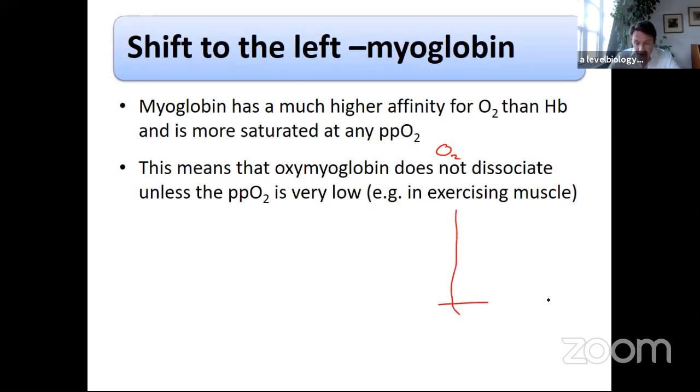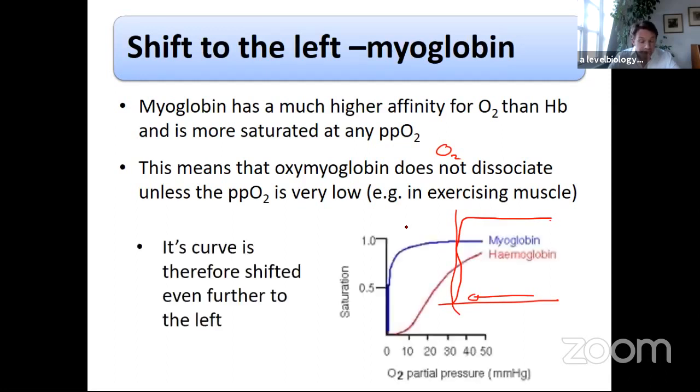The dissociation curve for myoglobin is like this. So it doesn't dissociate unless the oxygen partial pressure gets very, very low, like it would do in exercising muscles. Myoglobin doesn't go around in your blood, it stays in your muscles. It's a store of oxygen. And you give up that oxygen only when the partial pressure gets very low indeed.